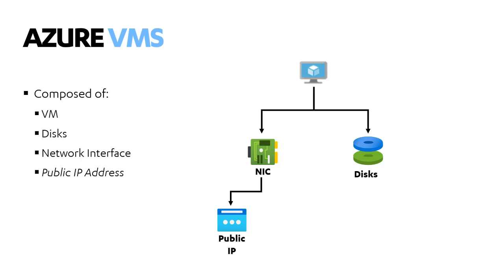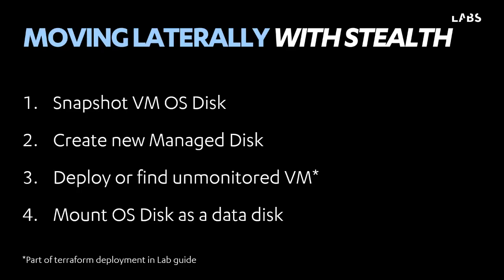And then we've got a managed disk, which is where our OS sits. So the fact that a VM is made up in this modular fashion, we can use this fact to copy aspects of it that we are interested in. So what we will do in the next lab is make a copy of the VM disk so that we can mount it in our own VM and explore the contents of that disk.